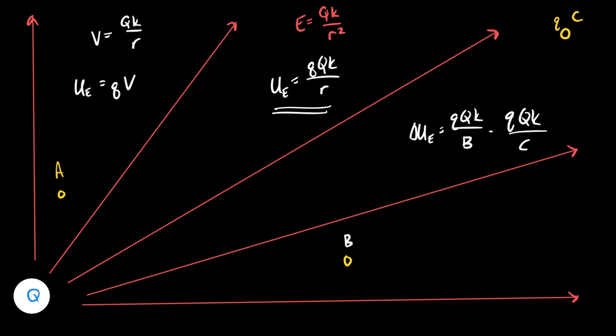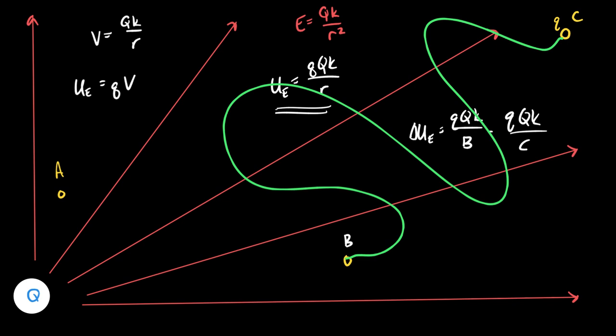Now, this may not have been made clear, but this is path independent. It doesn't matter what path I take to get there. It's no different. That's got to be true here as well.